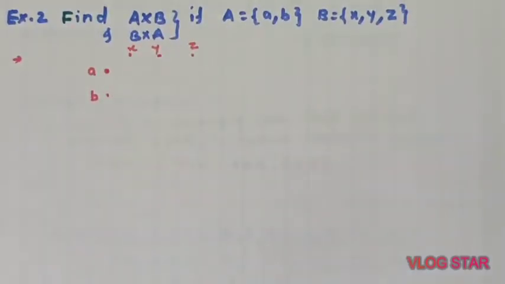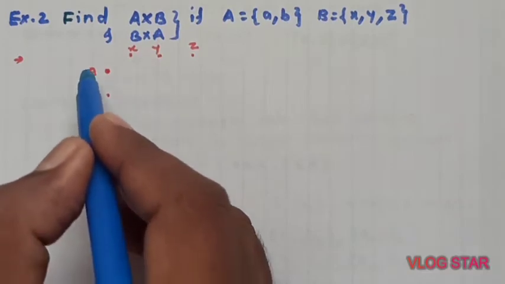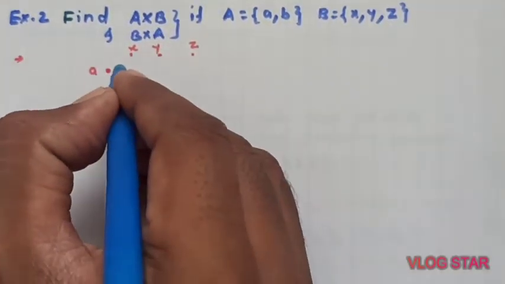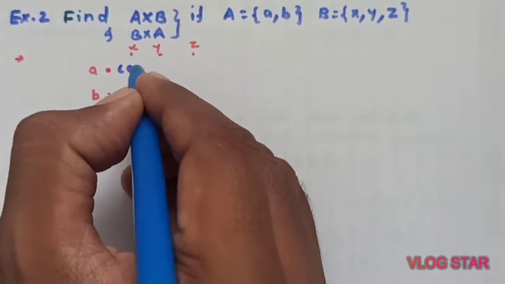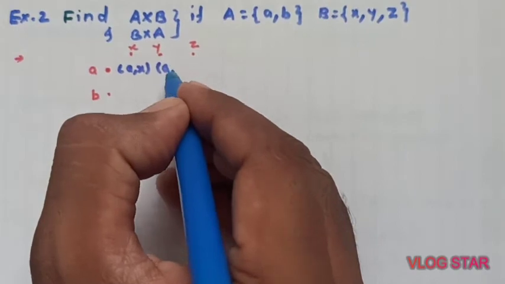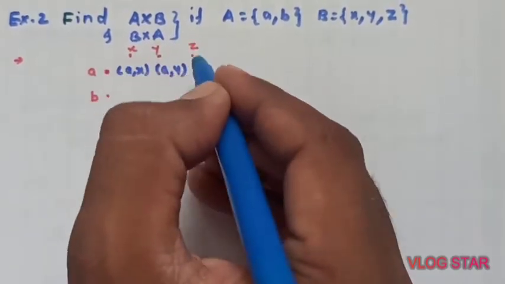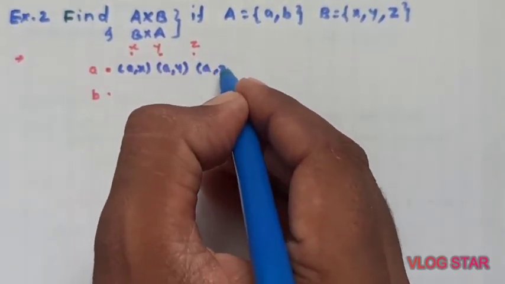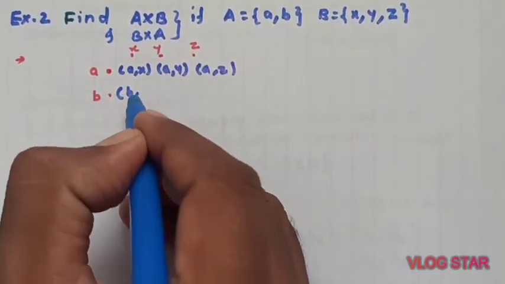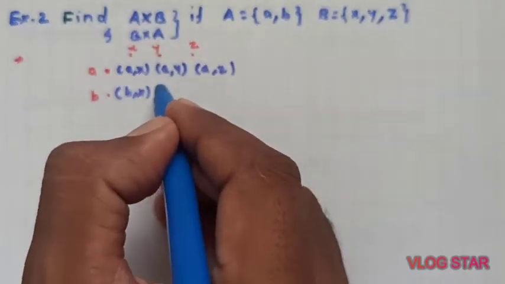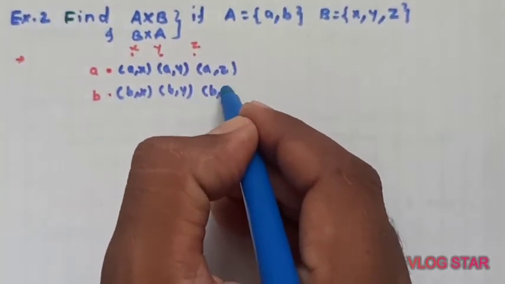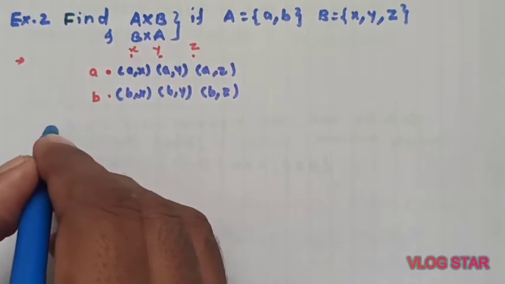So we'll write ordered pairs. So members from first set and member from second set. So here I can have ordered pair (a, x), a with y, a with z, then b with x, b with y, b with z.